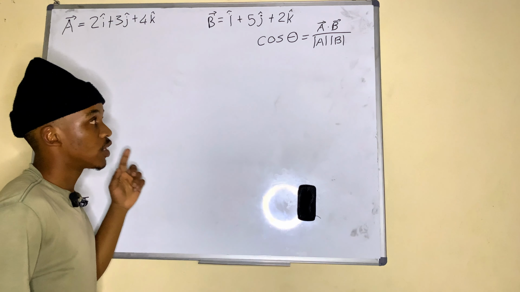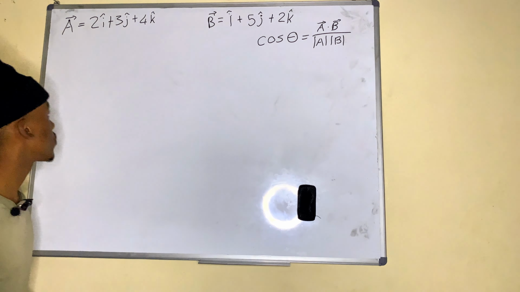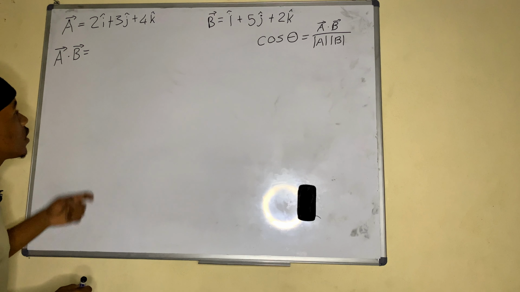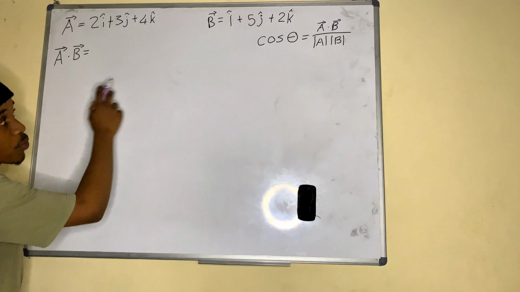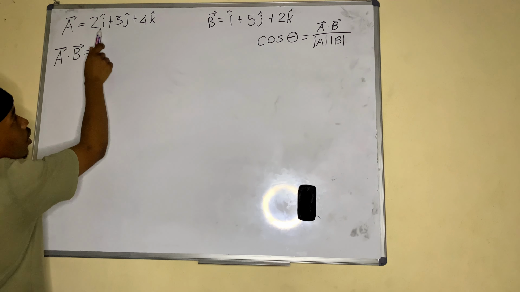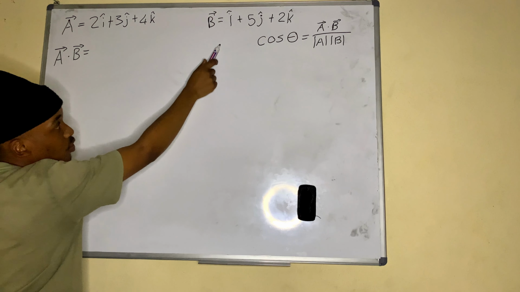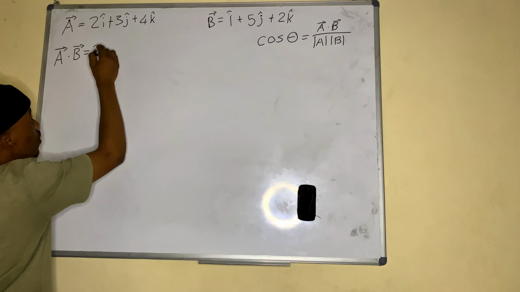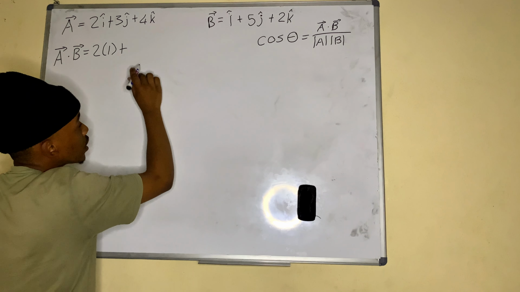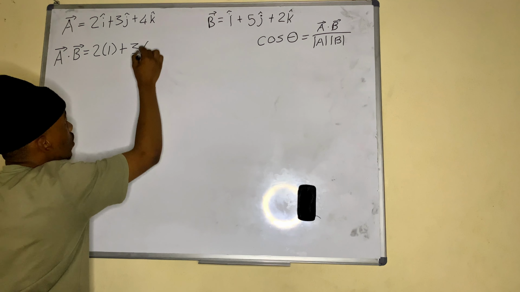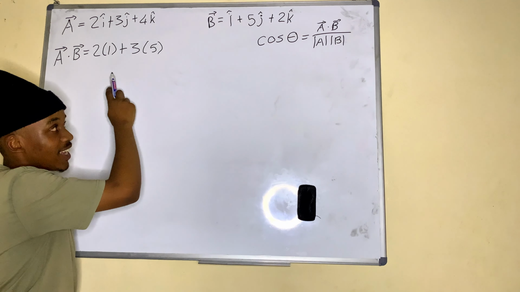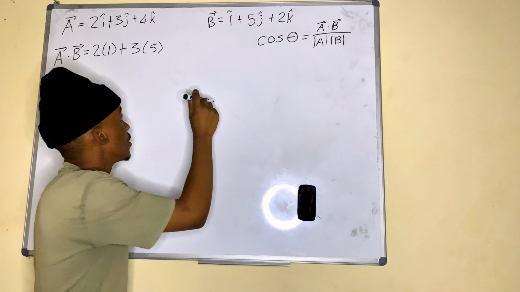We'll first find the dot product of A and B. We'll multiply the corresponding components of vector A with the corresponding components of vector B, multiplying the x component of vector A with the x component of vector B. We'll multiply the y component of vector A with the y component of vector B. And lastly, we'll multiply the z component of vector A with the z component of vector B.